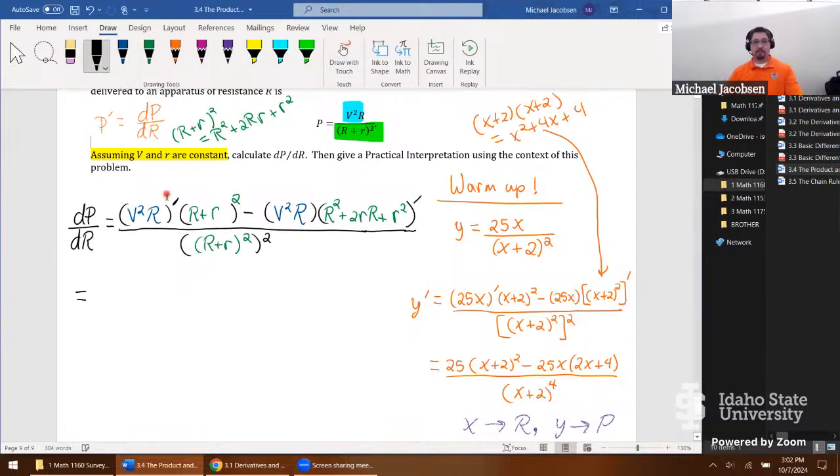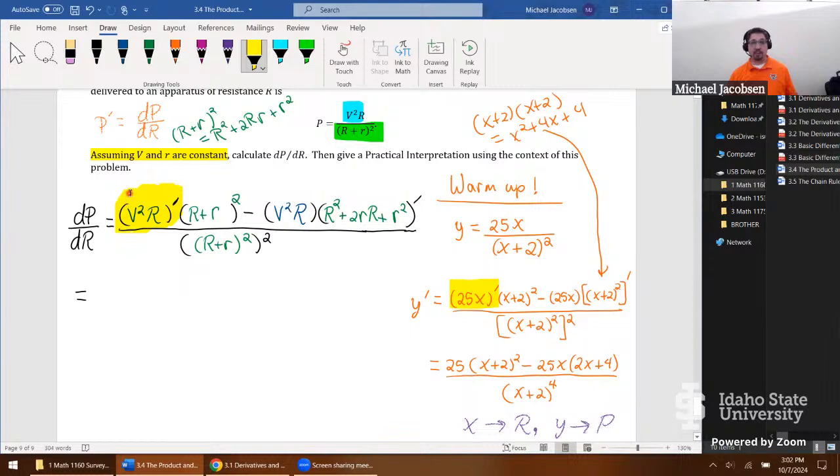So first line here, that was just our setup. And now we're focusing on this, where the yellow is temporarily highlighting. That's a tough derivative, v squared R prime. But the way to think about it is it's no different from 25x prime. X is playing the role as R, and when we differentiate this thing, we just have the constant. So back over here, it's the same exact abstract constant, but we are told it's constant.